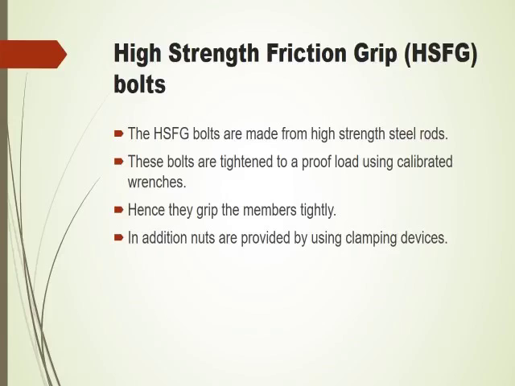Hence, they grip the members tightly, as these bolts are tightened to the greatest load. This will grip the members very tightly. And in addition, we are providing nuts so that the two members which we have tied up with this bolt will not come loose and come out.